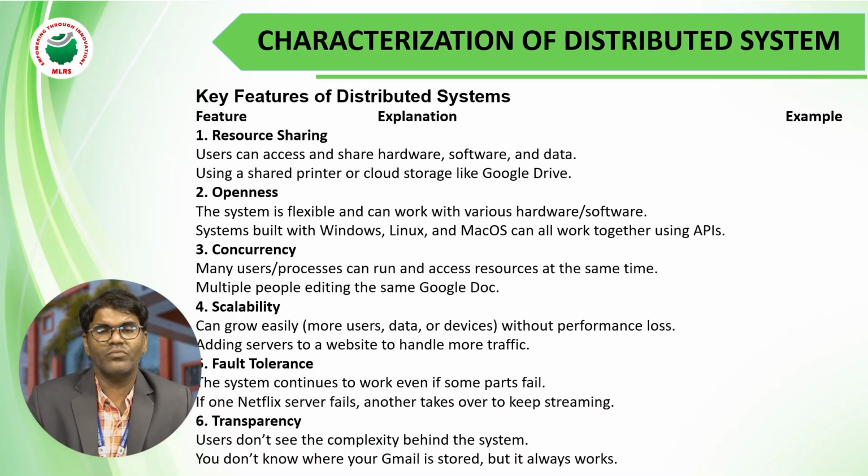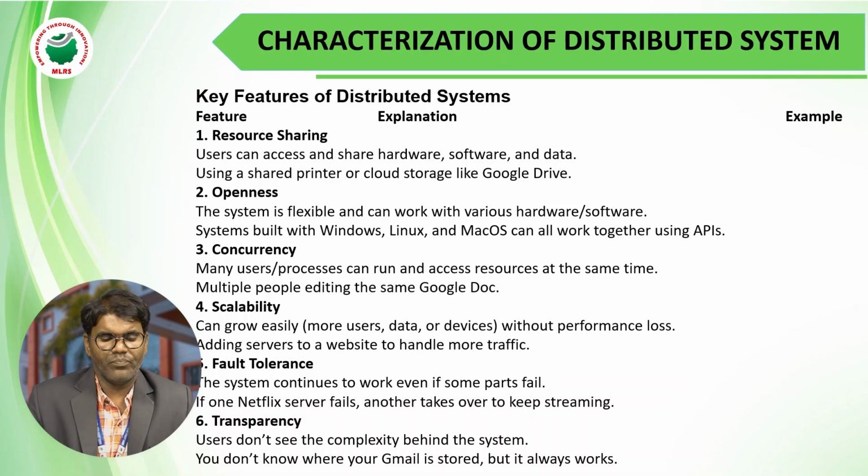These are the examples for openness. And concurrency: many users or processors can run and access resources at the same time. Here multiple people can edit a Google Doc at a time.